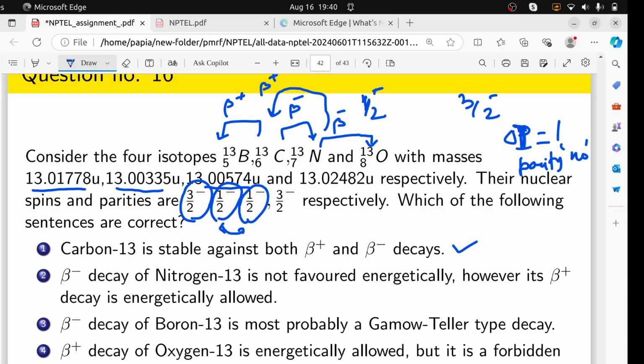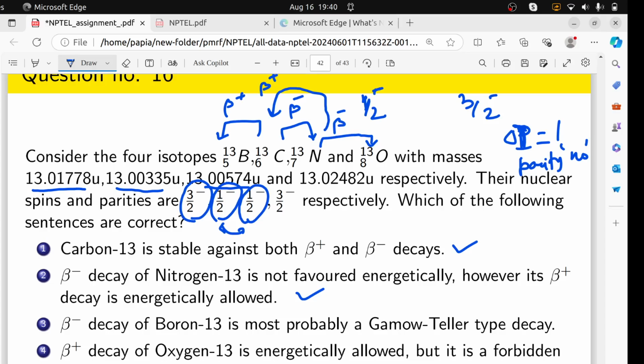Carbon has 13.00335. So this one is greater than this one. So that means nitrogen can go through beta plus decay to carbon. So that is correct. Whatever it is saying, beta minus of nitrogen 13 is not favored energetically. However, its beta plus decay is energetically allowed. Okay. So this is correct.